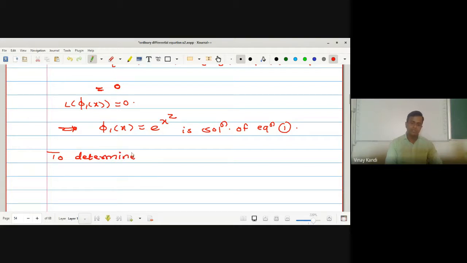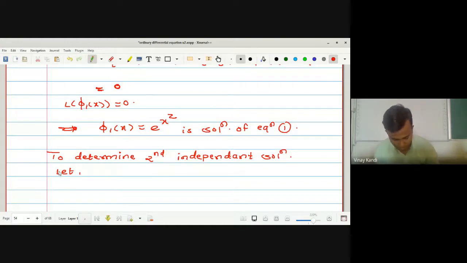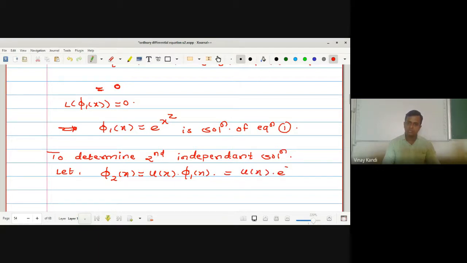Now, to determine the second independent solution, let phi 2 of x be equal to u of x into phi 1 of x, which is equal to u of x into e raised to x square.